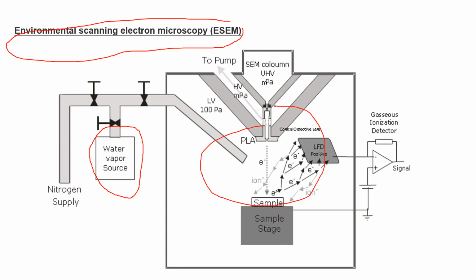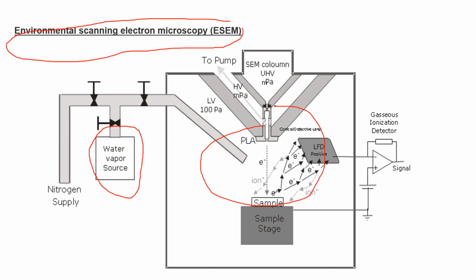There is one disadvantage of using an environmental SEM, that is, when you introduce water molecules. Please do remember that in this, we are going to introduce the water molecules with the help of the water vapor source. When we introduce water molecules into the chamber, the electrons that are traveling through the sample will hit these water molecules and scatter.